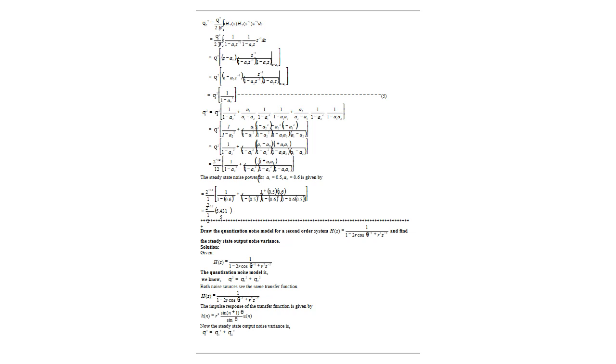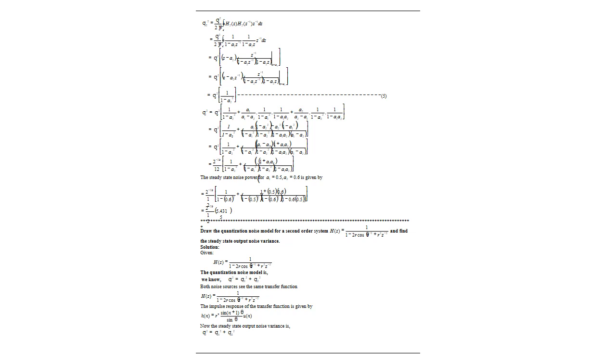Let us get sigma naught 2 squared = sigma E squared into 1 / (1 - a2 squared). After substituting into sigma naught squared, we get 1 / (1 - a2 squared) plus a1 / (a1 - a2) into 1 / (1 - a1 squared) into 1 / (1 - a1 a2) plus a2 / (a2 - a1) into 1 / (1 - a2 squared) into 1 / (1 - a1 a2).